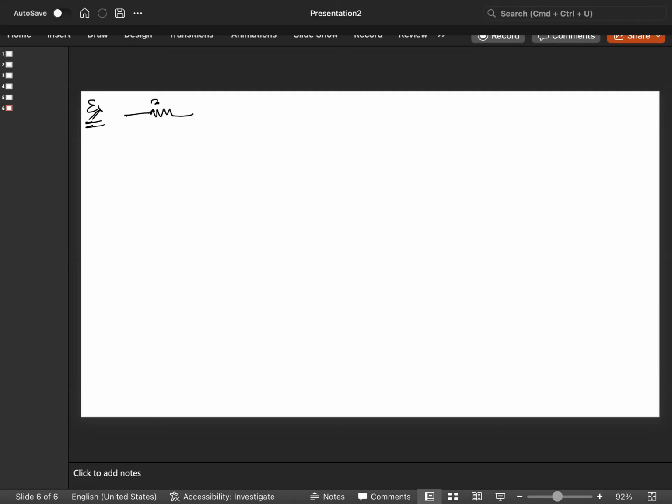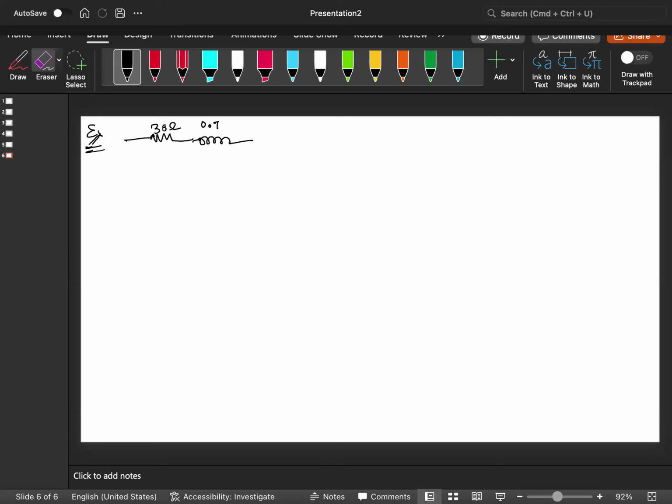Resistance you can take as 30 ohm, and let's take the inductor as 0.75 pi, upside or downside. Let's make it at the downside so that we can cancel out in future. C we can call it 1 by 3 pi. The reason behind this pi is that you are going to get omega, which will have 2 pi along with it. So I wanted this to get cancelled by itself. That's why I'm giving pi at the bottom.